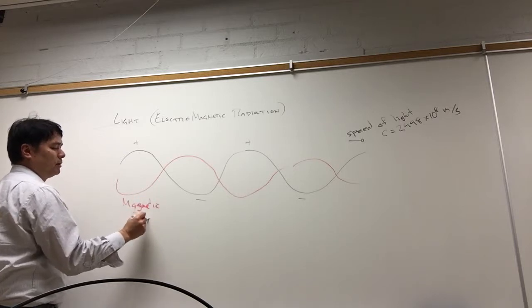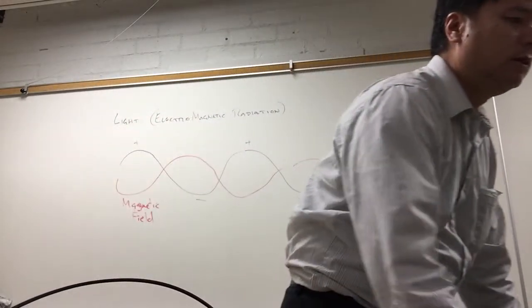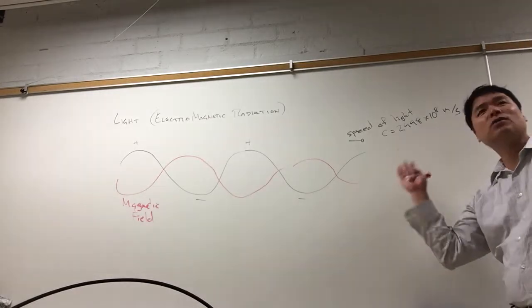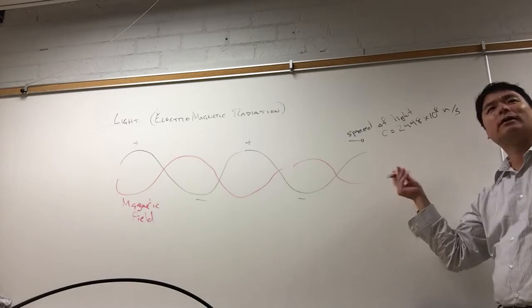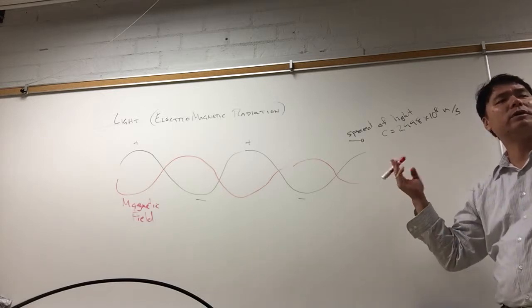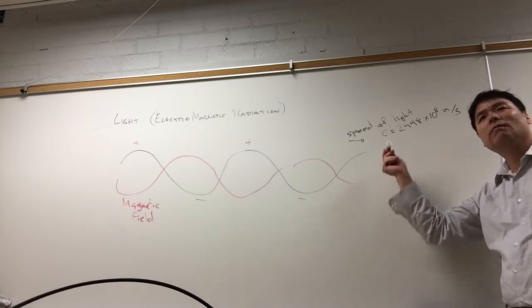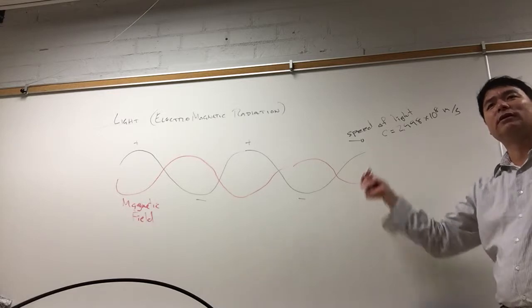Magnetic fields are very important as well. And so you just have north-south, north-south. So if you're a little magnet, what would you do? You'd be flipping, right? Or oscillating with the magnetic field. If you're a charged particle, you'd be oscillating with the electric field.